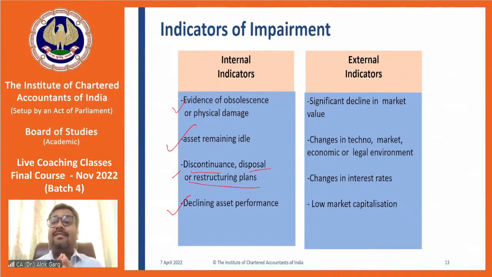An external indicator is something more market driven or economy driven. For example, a significant decline in market value. I'll give you a classic example from my real life. Three years back, I purchased a Samsung S9 Plus phone at 70,000 rupees, to be precise.